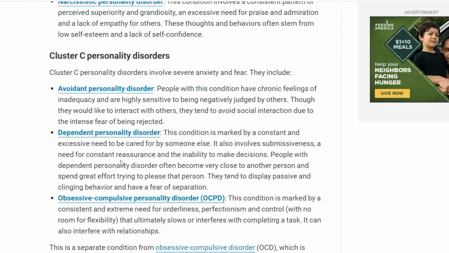I don't know where that came from. And you can see that's in cluster C, the OCD personality disorder. So I don't know. But as far as some of the symptoms he listed on this forum, I think they go along with more A or B.